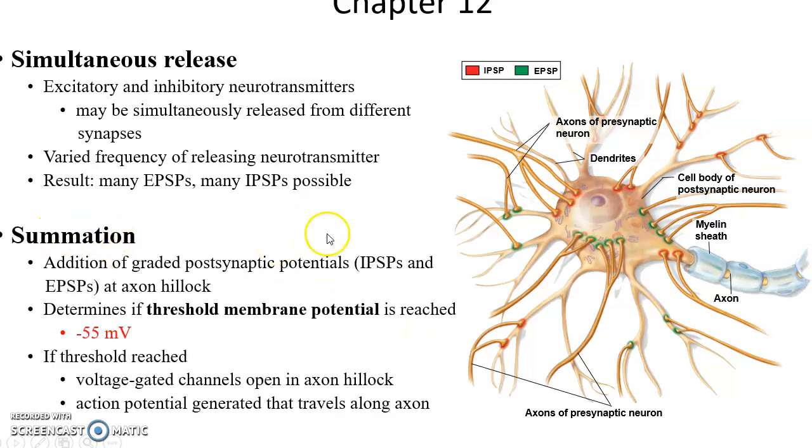Summation is when all of the changes in charge caused by all the movement of these ions reach the axon hillock. If the summation of all those signals leads to threshold, negative 55 millivolts, being reached, that will stimulate the voltage-gated channels in the axon hillock, which will lead to the action potential being generated and traveling down the length of the axon.